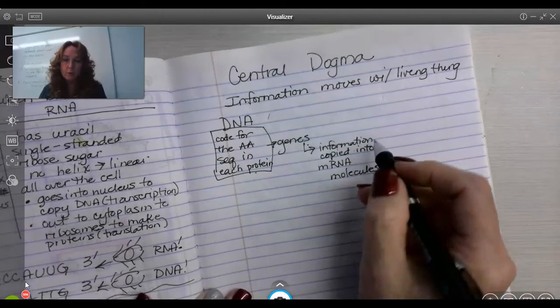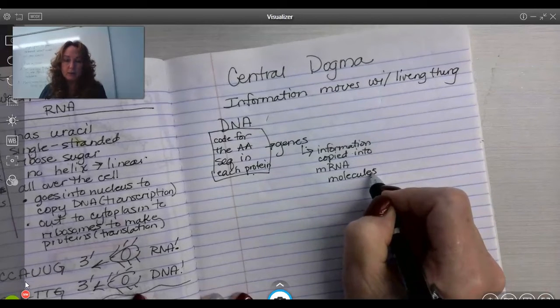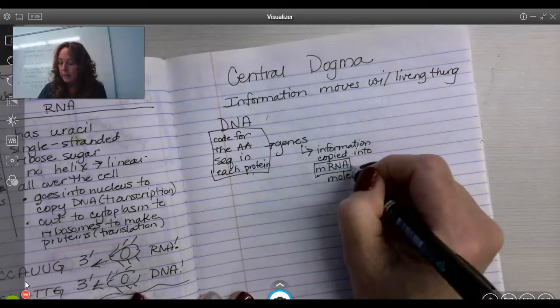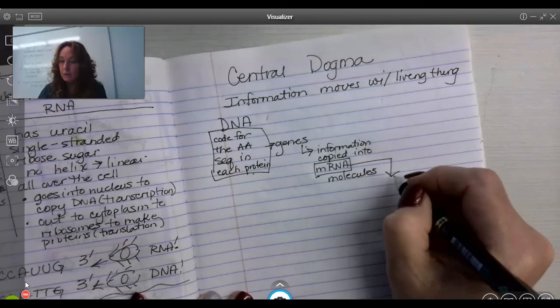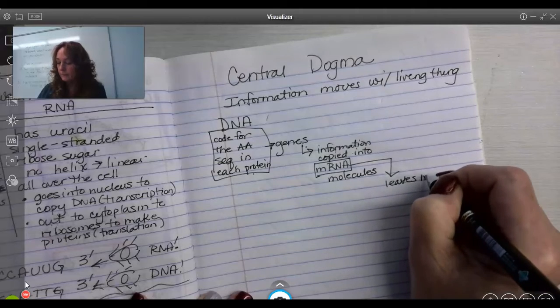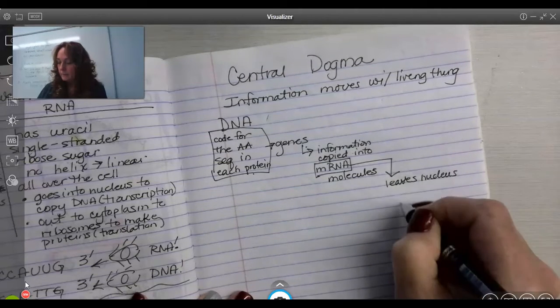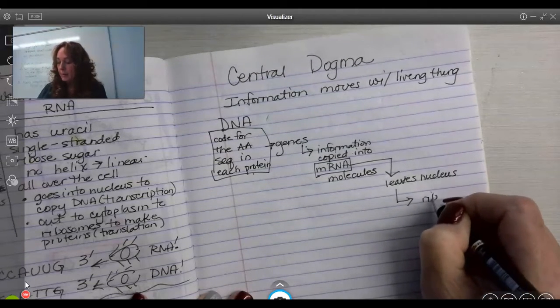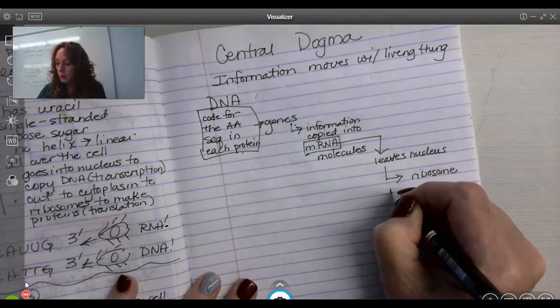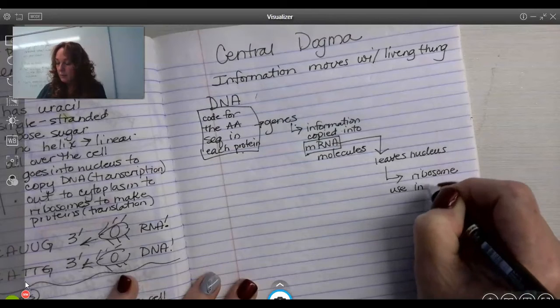So the messenger RNA is going to leave the nucleus and go to the ribosome, and we're going to use that information.